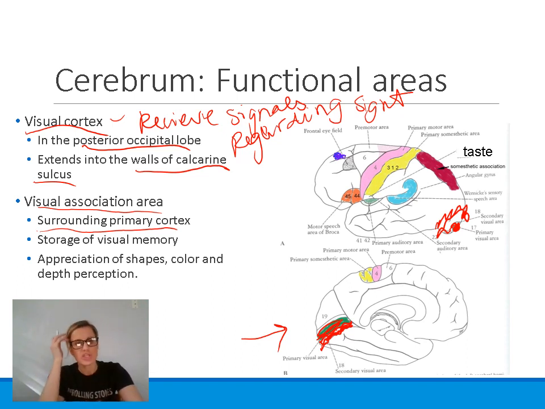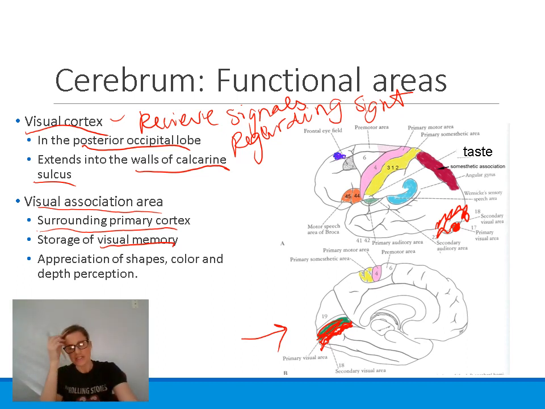The visual association area allows us to understand sight, and it's an area where we store visual memory. Remember, we said long-term storage of memory can be in different areas of the cerebrum depending on the type of memory that it is. So the storage of visual memories would occur here in the visual association area.